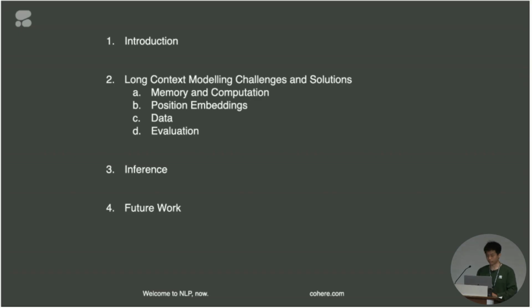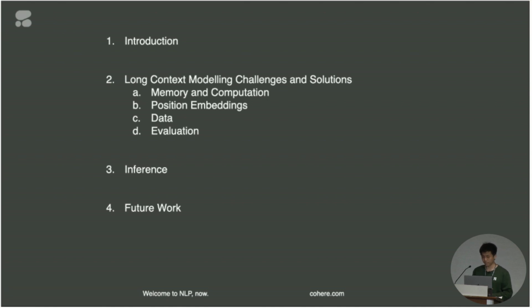First, I'm going to give a very brief introduction of transformer models, and also the current status of long context transformer models in general, and what are some of the challenges we're facing for training and evaluating the current transformer models.